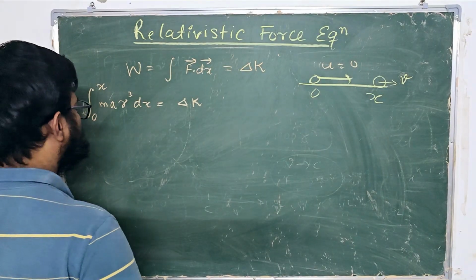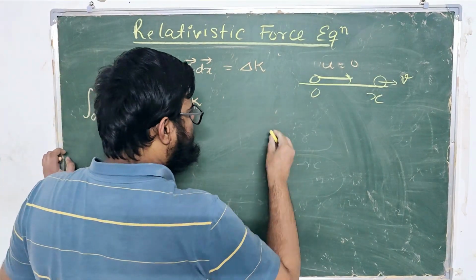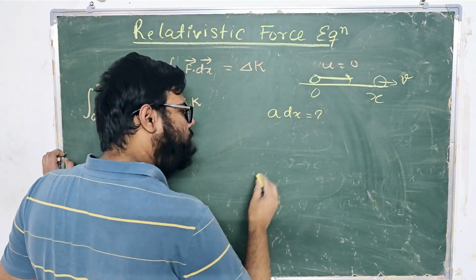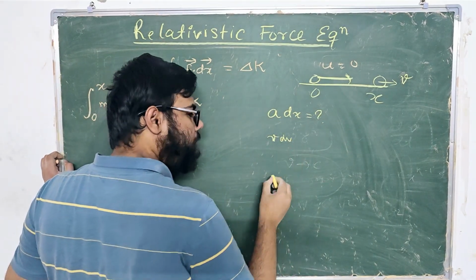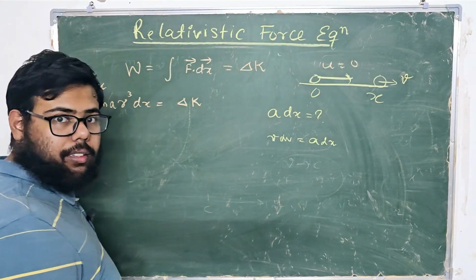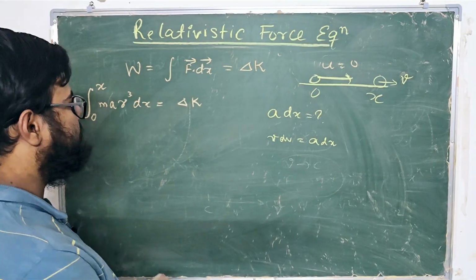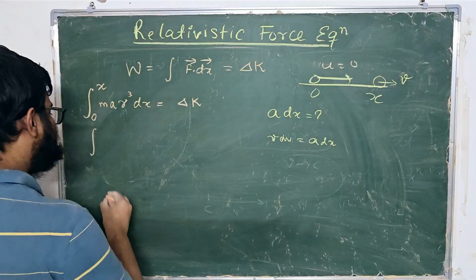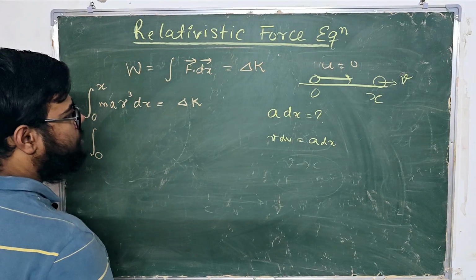Now what is a dx? We all know that v dv by dx is equal to a, so we can say it like this, right? Okay, so we get the integral from 0.